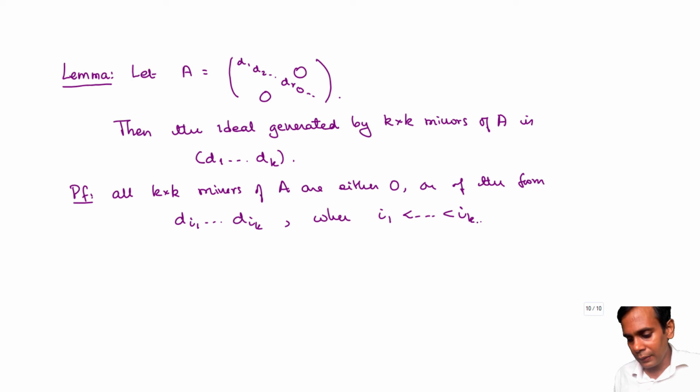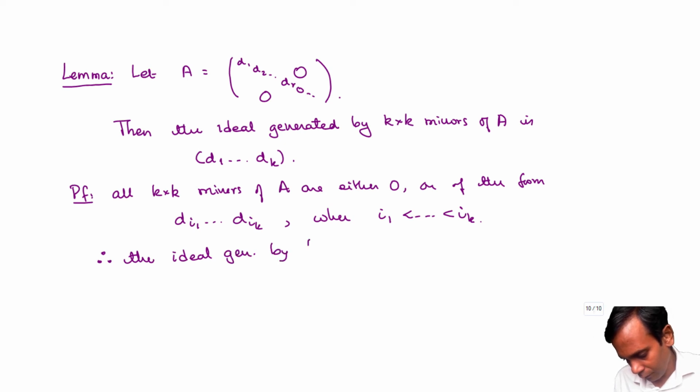And so since the ideal generated by D1 contains the ideal generated by D2 and so on, the largest of all these ideals is the ideal generated by this product, the one where you take the largest ideals.